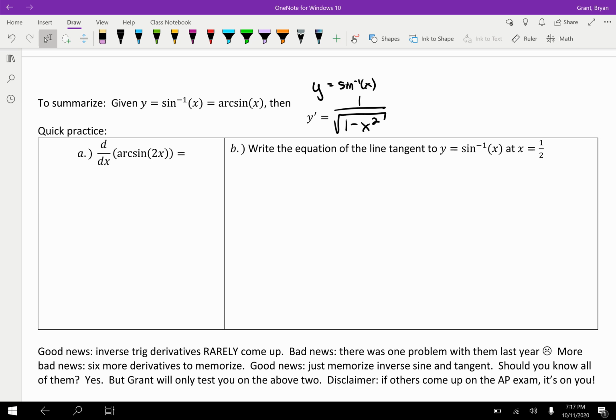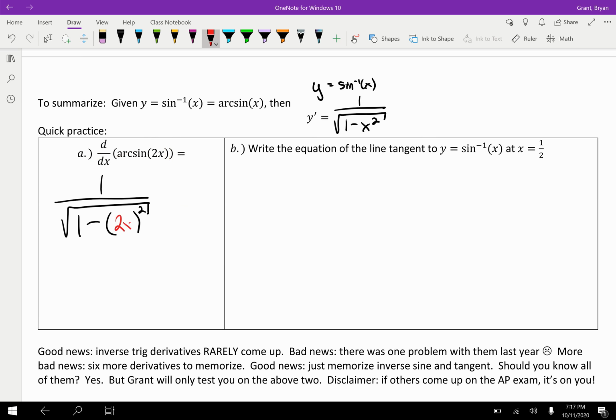All right, so running through this quickly, inverse sine of 2x. Well, the inverse sine of whatever x is, we know is going to be 1 over the square root of 1 minus whatever the thing is inside squared. Think of this as a u substitution, a chain rule if you want, but what I've done here is the derivative of inverse sine. I haven't even touched the 2x yet.